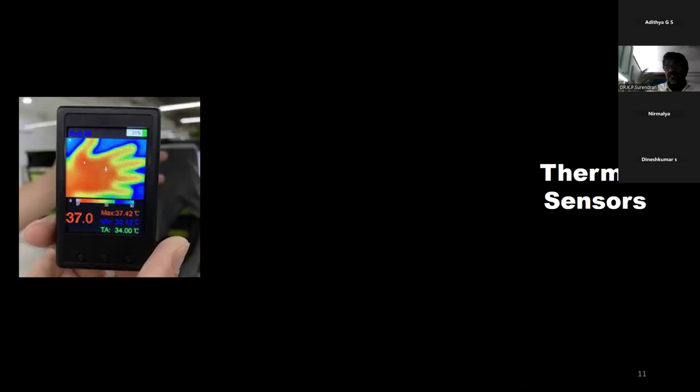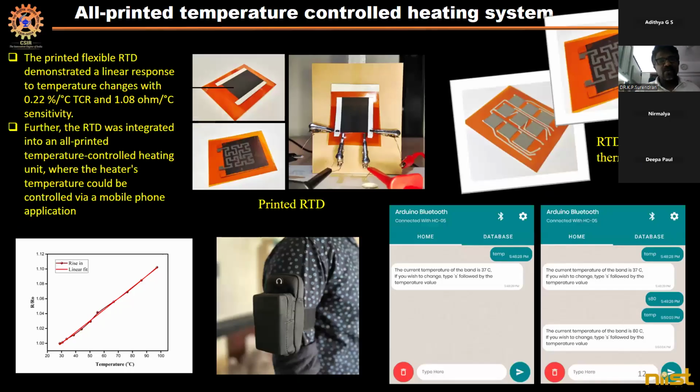For example, you have different temperatures across your forehead, and the temperature profile of that part of your body cannot be given by a thermometer. So for that, you have to make a wearable thermometer or a wearable thermal sensing system, which we have been working on for some time.